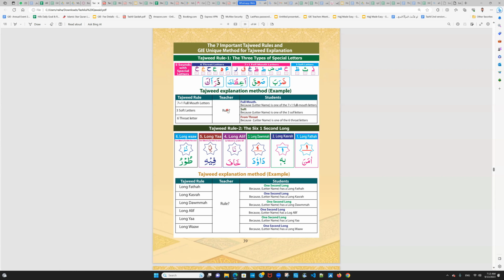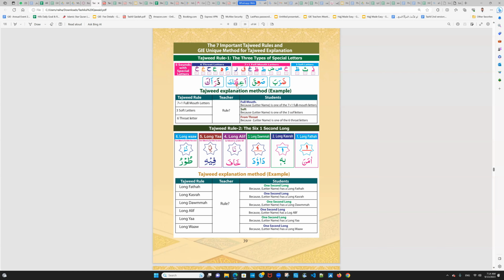For example, the teacher asks, okay, student Fatima, rules, Dhu, what is the rule? Then the student will answer, full mouth and soft letter, because Dha is one of the 7 plus 1 full mouth letters and one of the 3 soft letters. So only the letter or place the teacher asks, the student has to answer, not each and every one. So advanced students are going to recite continuously.